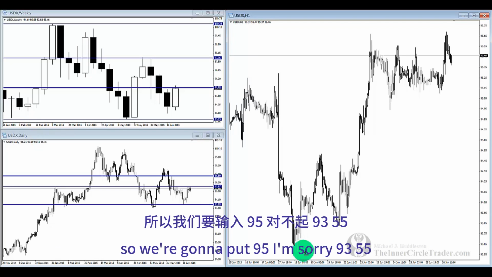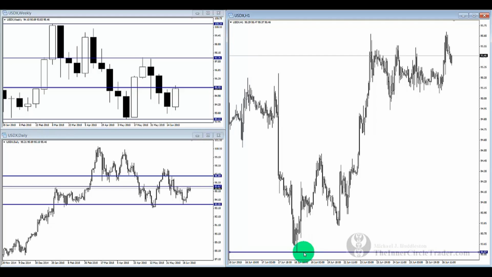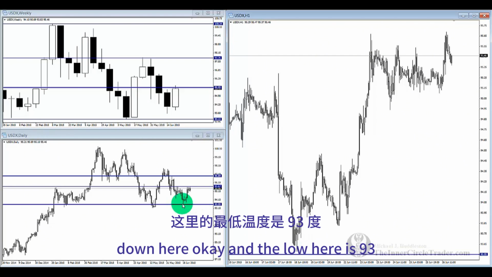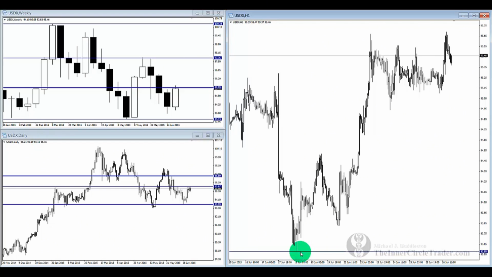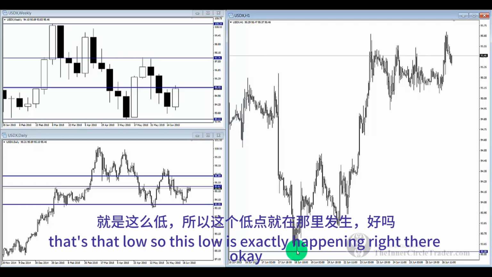So we're going to put 93.55 down here. The low here is 93.58, so that's the level we're actually going to be using, and that's this level right here, that low. So this low is exactly happening right there.